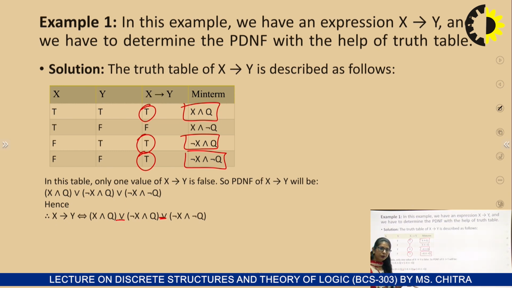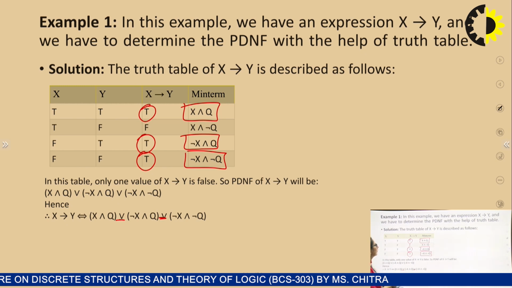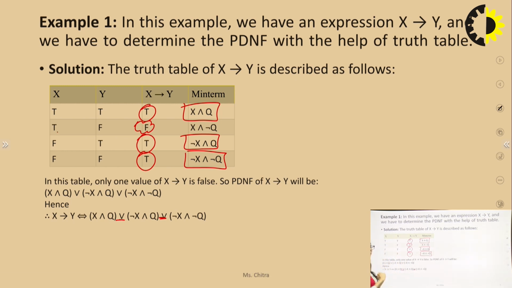Now, similarly, if we need to calculate the PCNF, as we saw previously, we work with the false value. We have true and false values. So what do we need to write in the maxterm? We know that corresponding to the false value we write the maxterm. The variable is taken as it is if it has a false value. But here x is true, so we will write the negation of x.